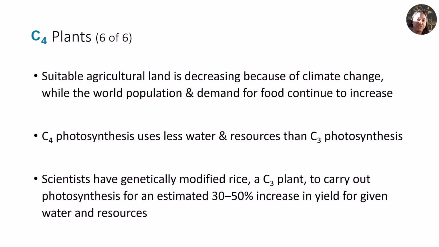Scientists have genetically modified rice, which is normally a C3 plant, to carry out C4 photosynthesis for an estimated 30 to 50% increase in yield for given water and resources.